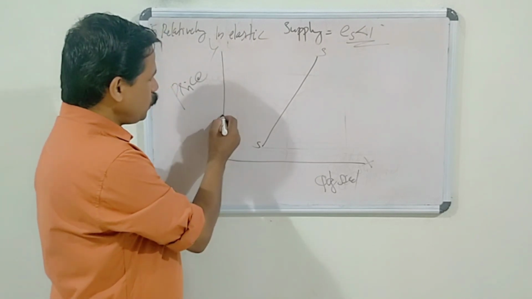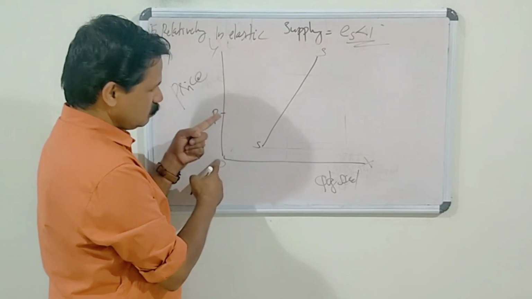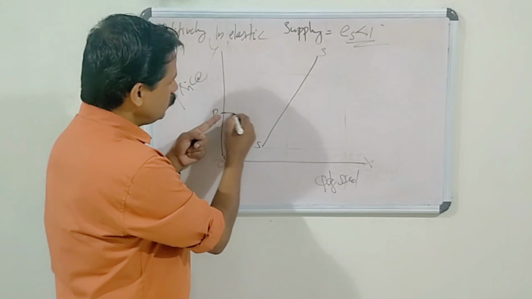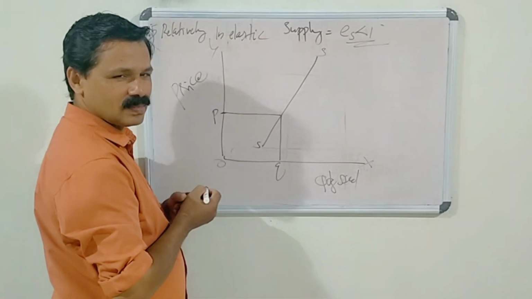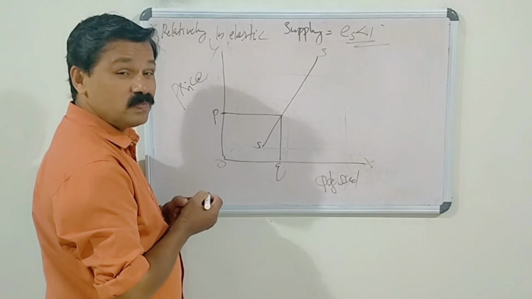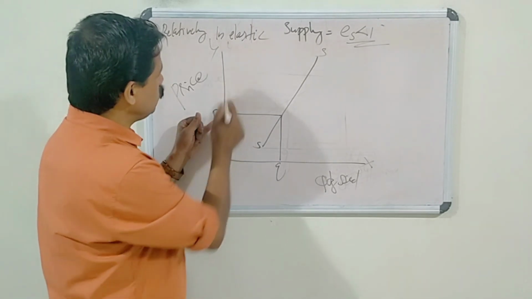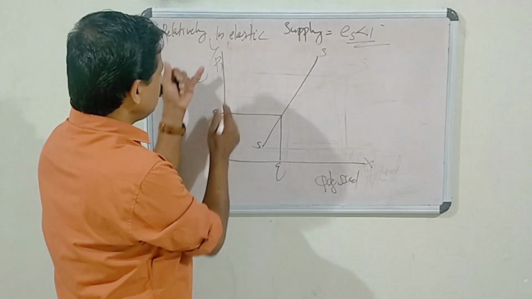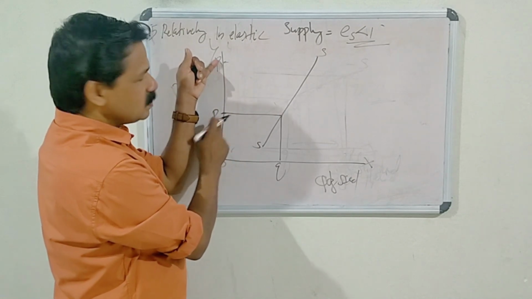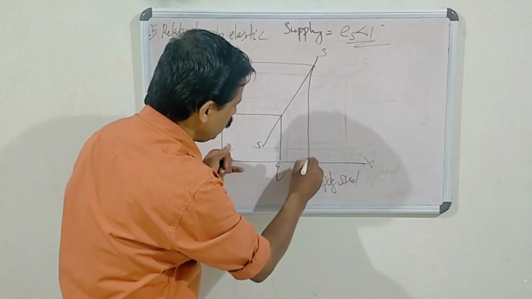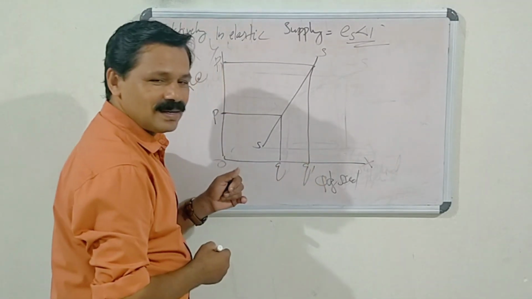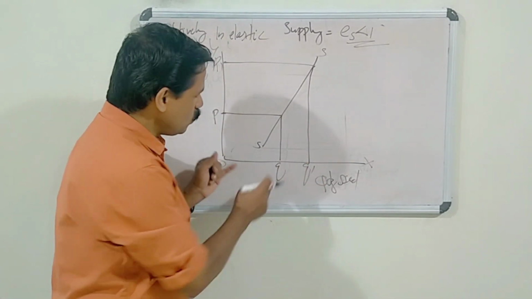Suppose at OP price, the quantity supplied is OQ. And if the price of that commodity increases from OP to, say, OP1, this much incremental change, the quantity offered for sale increases from OQ to OQ1.